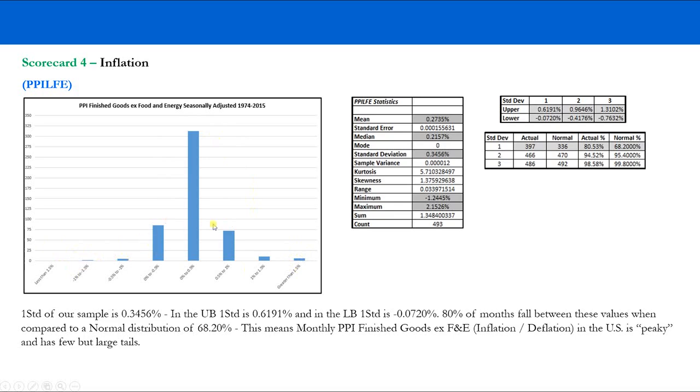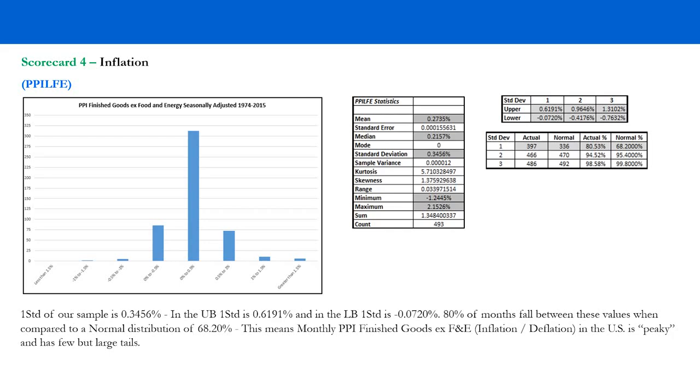And then in between, we have, when compared to a normal distribution, a more vacuous scenario. So we have a peakier distribution, but with fatter tails when compared to a normal distribution, which we've seen in many cases before.